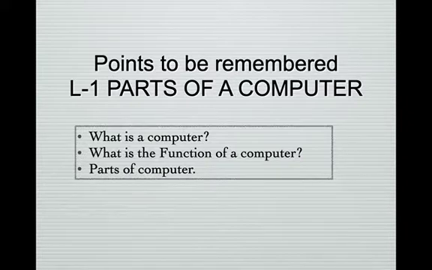What function does a computer perform? First you give input, the input will be processed, and that processed data will be displayed to you, that is the result. So that is the output. Parts of computer: keyboard, mouse, monitor, right, and CPU. Keyboard, 104 keys on a keyboard.